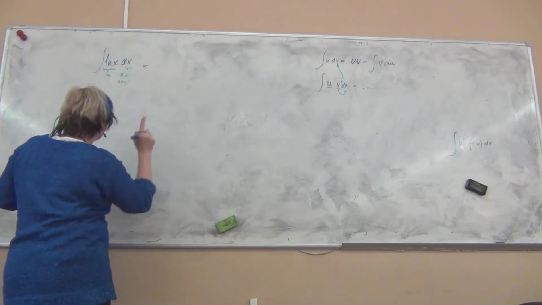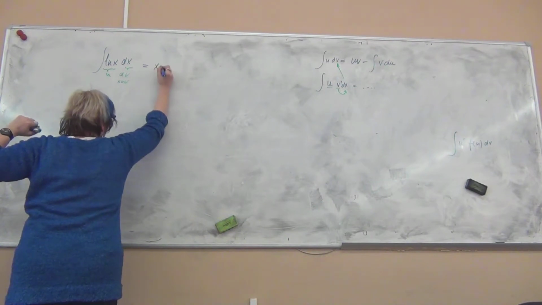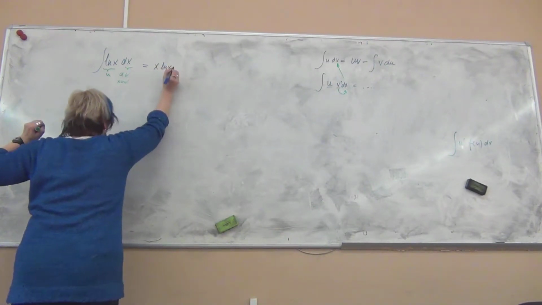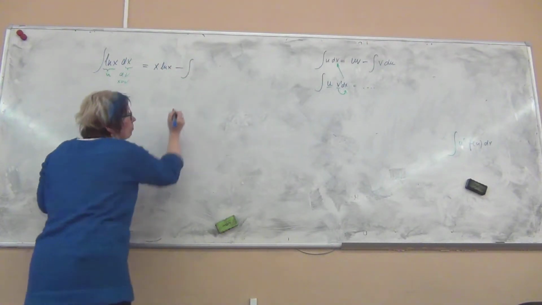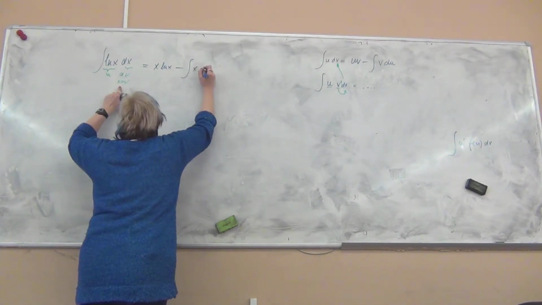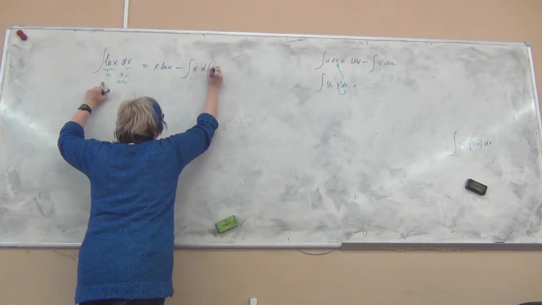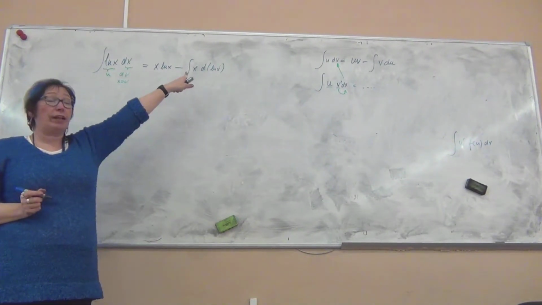So I apply that formula directly. I can write uv, x times ln x, minus integral v du. V is x, du is d of ln x. Now, differential of ln x.